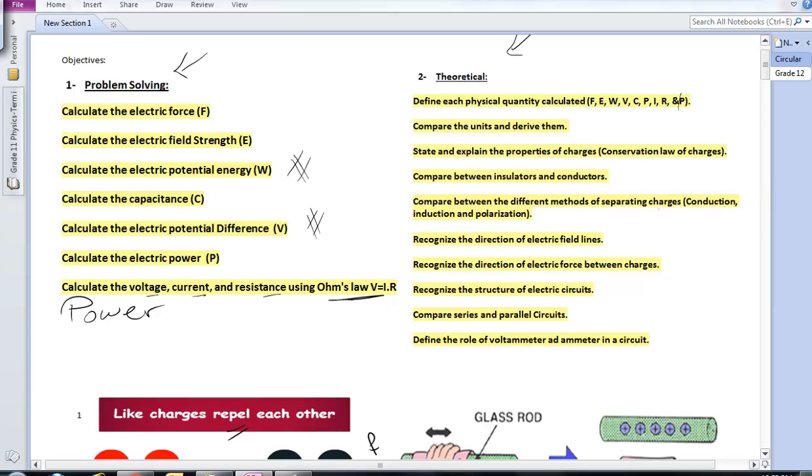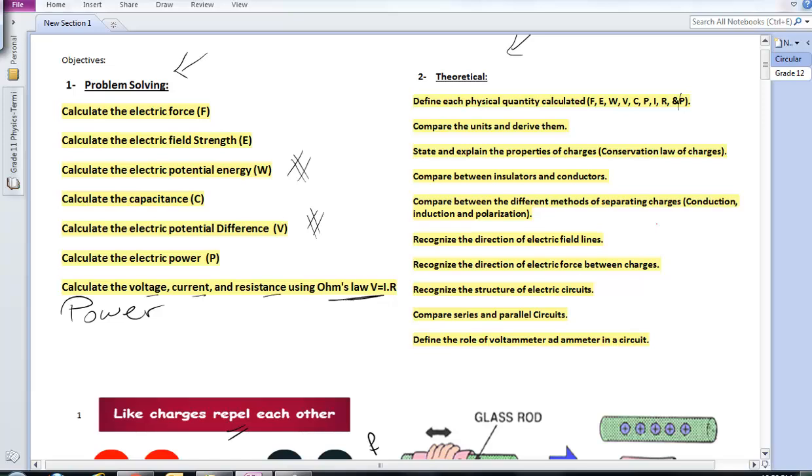Compare between different methods of separating charge: conduction, induction, polarization. We recognize the direction of the electric field lines, if they are the same, if they are opposite. And we mentioned that they never cross, and the direction is out from the positive into the negative. We recognize the direction of electric field force between charges and the structure of the electric circuit.